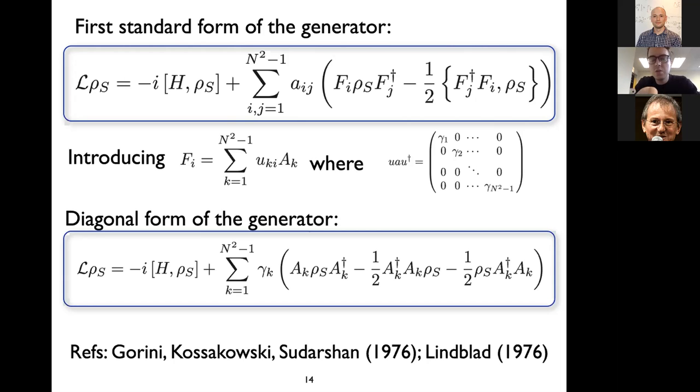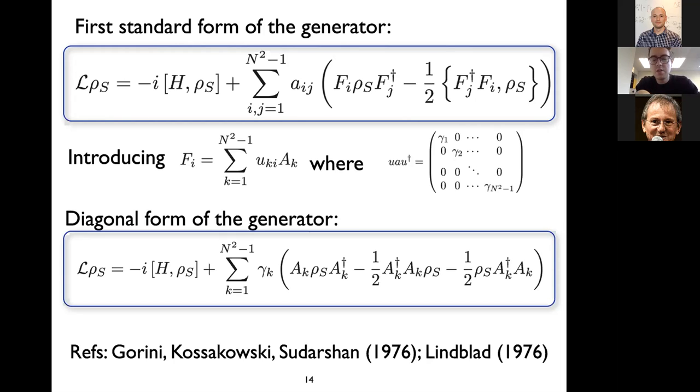So we choose this unitary transformation such that it diagonalizes this matrix A, and because A is positive semi-definite, its eigenvalues, which are labeled gamma 1, gamma 2, all the way up to gamma n squared minus 1, are by construction non-negative, so either 0 or positive. Substituting this expression for F_i in terms of A into the above, we can then come up with a diagonal form of this generator.